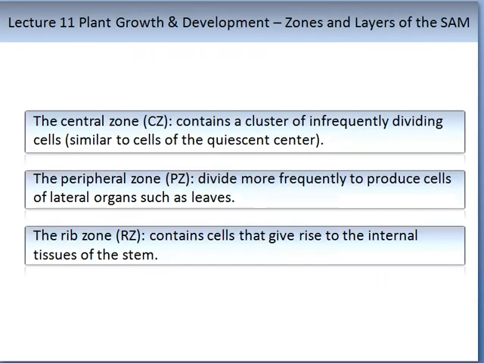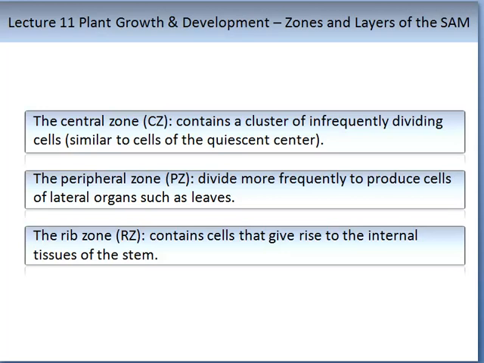Now I'm going to talk a little bit about zones and layers of the shoot apical meristem. The central zone, or CZ for short, contains a cluster of infrequently dividing cells, similar to the cells of the quiescent center.